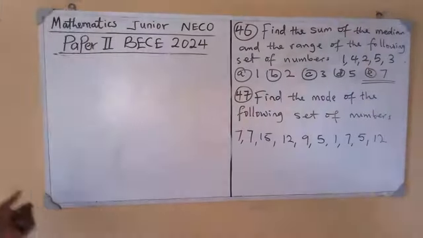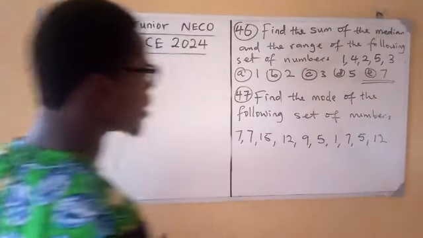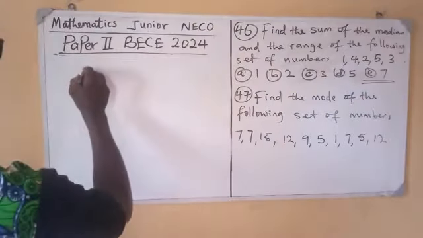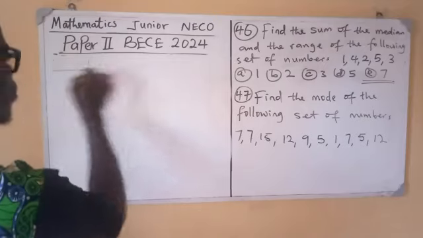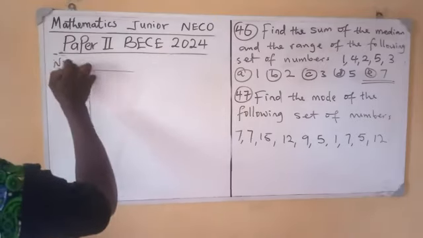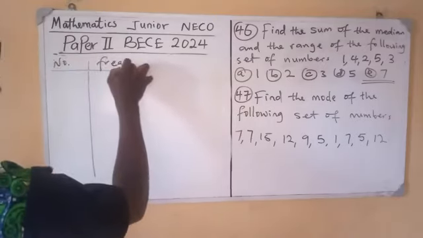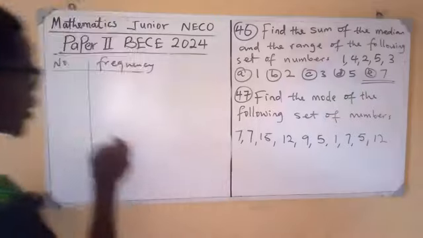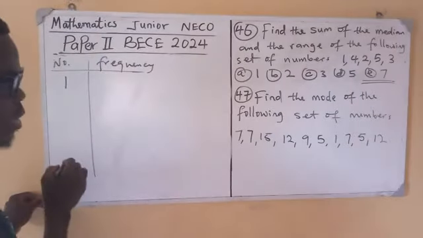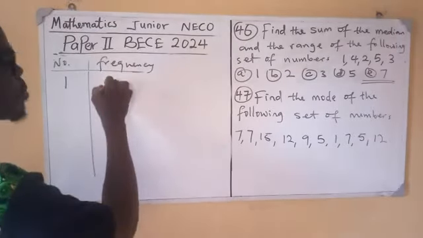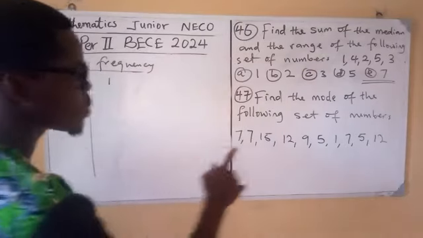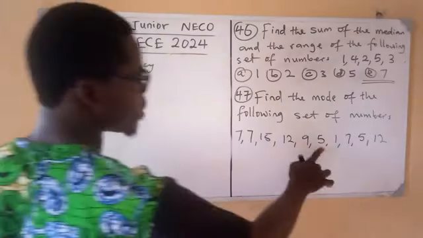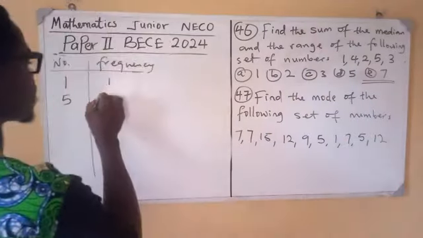All right, to find the mode, we need to arrange these in ascending order and then find their frequency. So we have the numbers and the frequency. The smallest number there is 1, and it occurs only one time. The next is 5, and it appears 2 times.